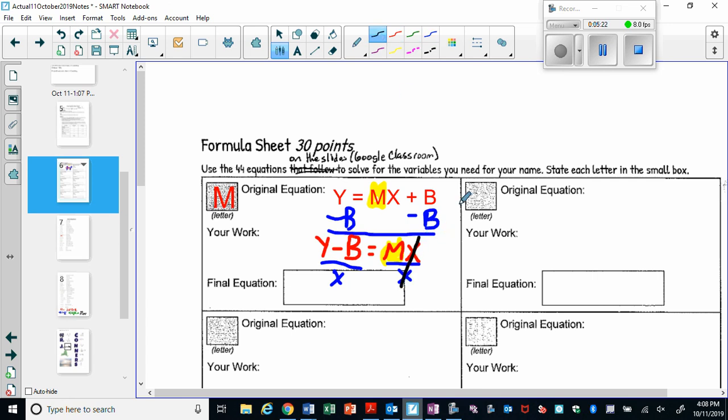And I forgot earlier, the positive b and the negative b cancel. And our final result will be such that our letter m is alone, it's isolated, and we rewrite y minus b divided by x is equal to m.